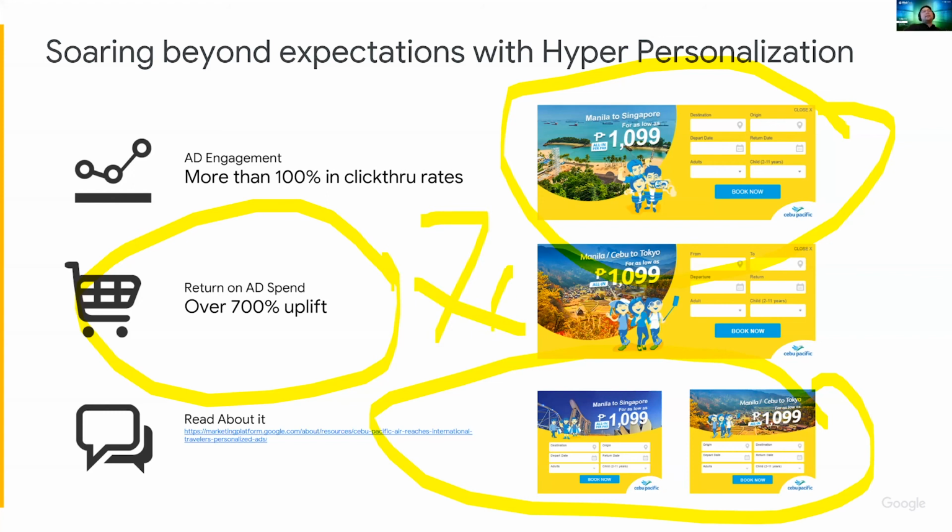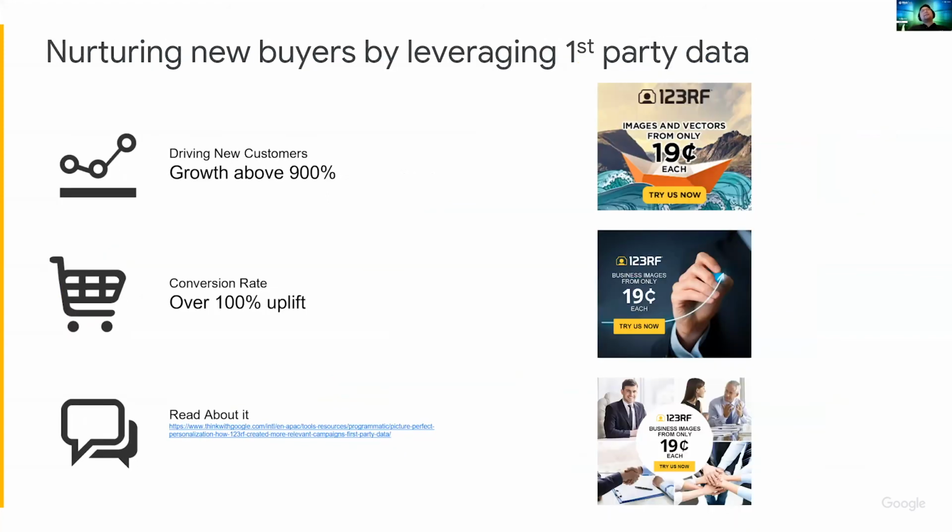Next, on top of this, we were also able to do this for another brand called 123RF. They're a huge player. In a nutshell, by onboarding data related to their new purchasers and their existing buyers, in the past, the problem here was this.